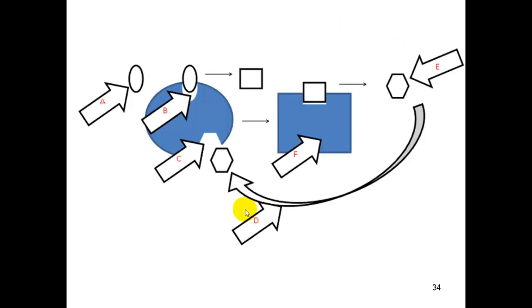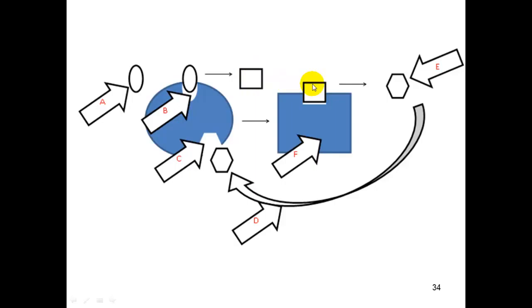Okay, so let's recap enzymes. So if I showed you this biochemical pathway, if I showed you this enzyme picture, and I wanted you to label all of the letters, let's see what you come up with. So we have this circle here, binds to this particular part, and after that it turns the circle into a square.